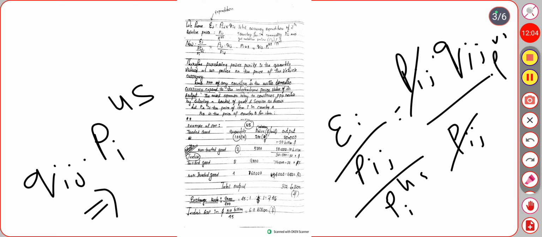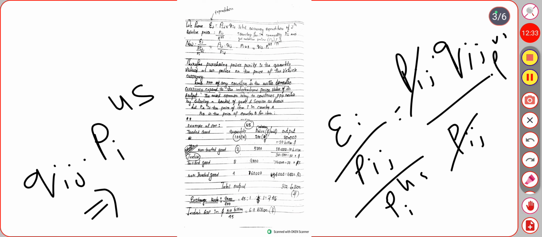For one quantity or one commodity we need to pay 200 for the traded good. And in India, for 8 commodity units we need to pay 9,000. So the exchange rate is 9,000 divided by 200, that is 45 to 1.